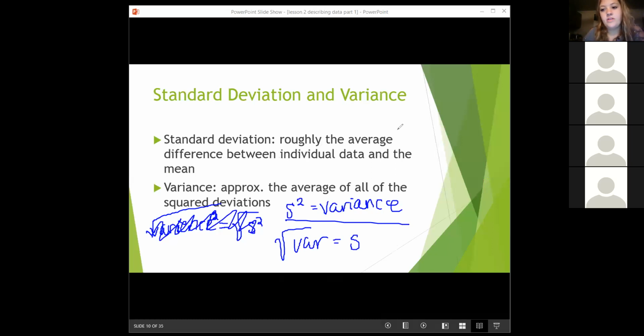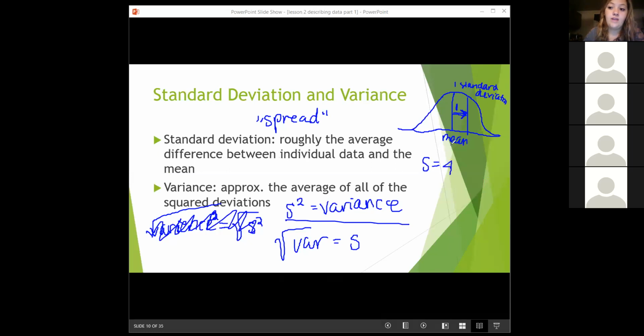So remember, our standard deviation is our spread. That's another way we call it. It's our spread of the data. And so if we have our mean here, and we go out one standard deviation, we're going to ask, how much is that? So we have our mean, and then this is going to be a standard deviation. Let's say that our standard deviation was equal to 4, and we had a mean of 2.